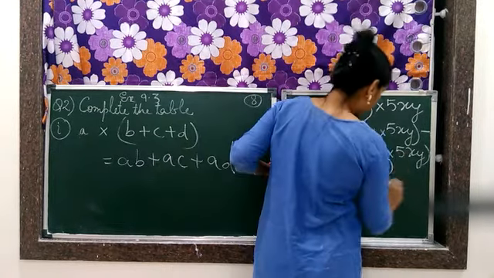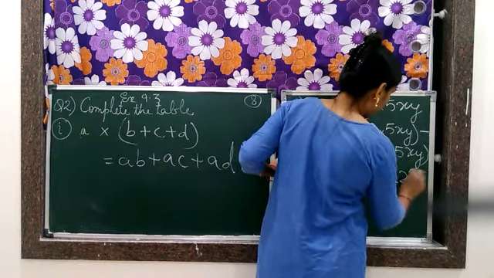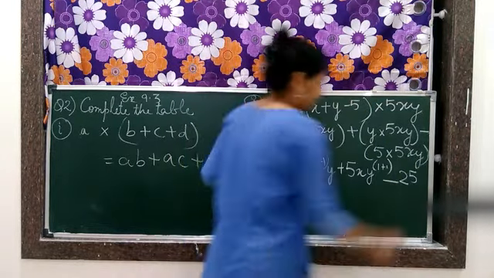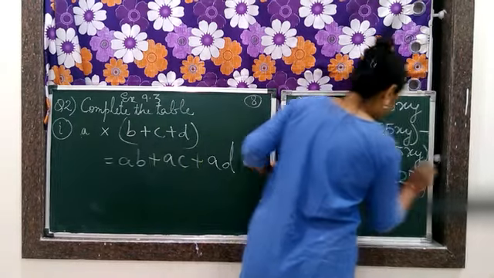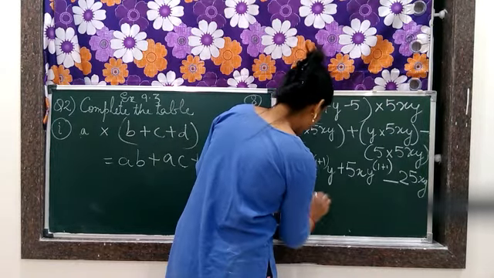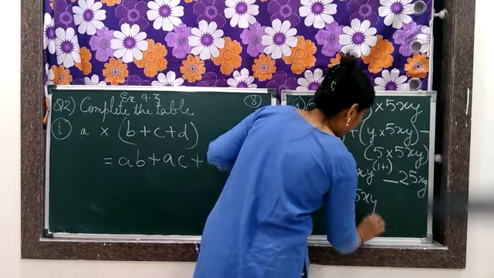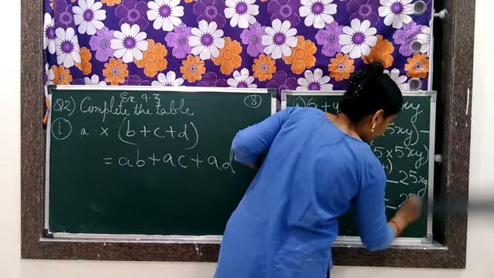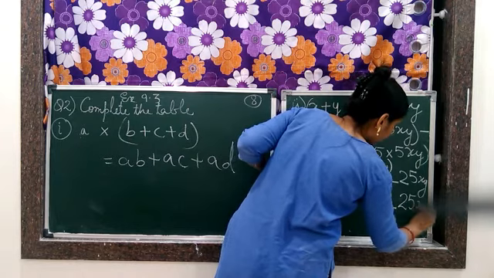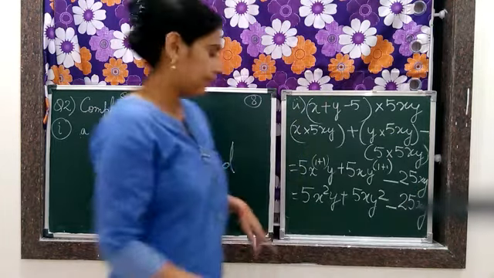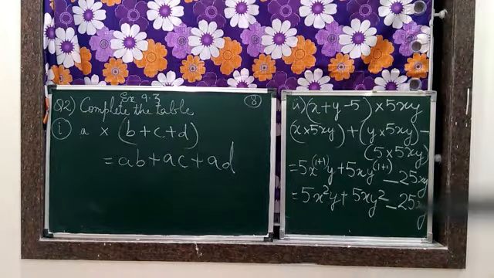Then minus 5 fives are 25, and no variable is common in this term, so only xy. So the answer comes out to be 5x square y plus 5xy square minus 25xy. Okay, so this completes the second one.